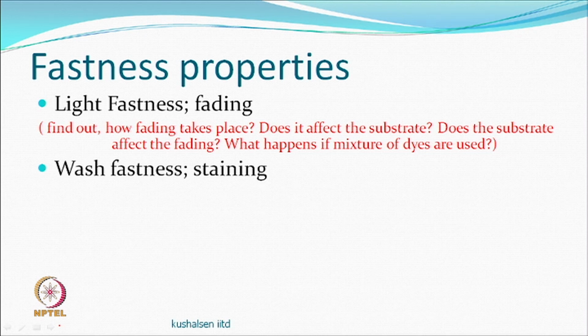But you would also be very much interested in staining resistance. Staining resistance is important, because when you wash, some of the dye solution will flow over the areas where you do not want it to be. And you must remember, stain is generally difficult to remove and easy to happen, because the equilibrium is in favor of the staining, because the color is more in the solution, let us say, and there is no color on the fiber.